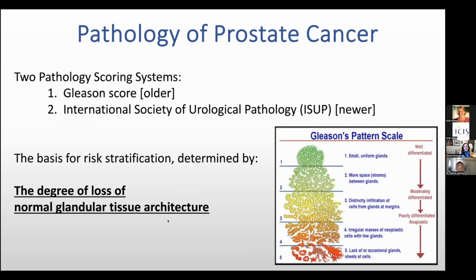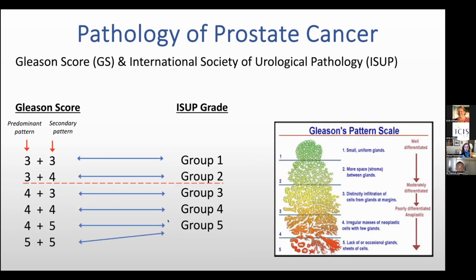And we are moving from Gleason score to ISUP, which is the International Society of Urologic Pathology. And again, it's the predominant pattern, the 3, what we normally see. And then if there is a secondary pattern of something that's a little worse, or something that's a little better, so it could be more of the 4, a little bit more of the 5.